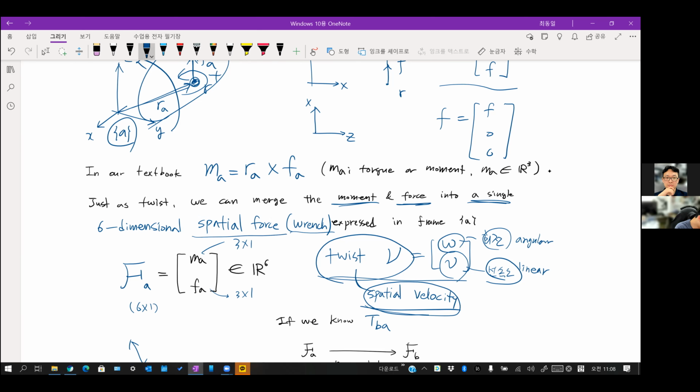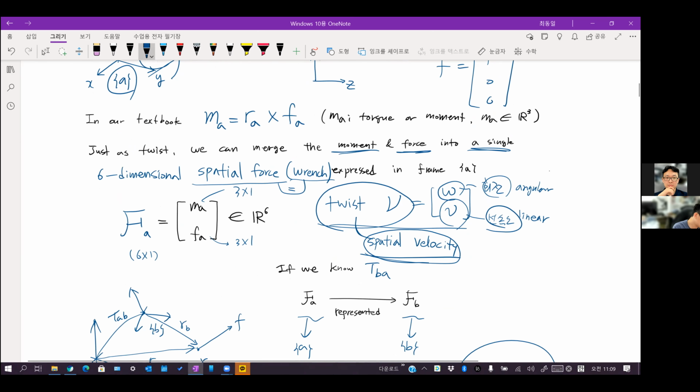So the spatial force equals the wrench. The wrench is a more general expression for moment and force, merged into a single vector. Because we are using the concept of twist, the spatial velocity, we can also make a spatial force.